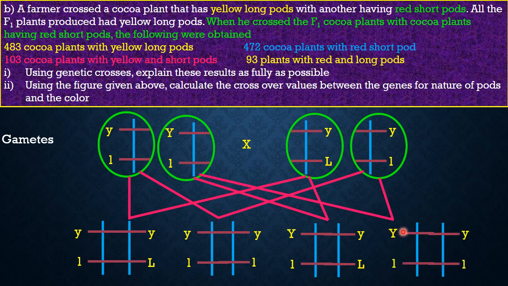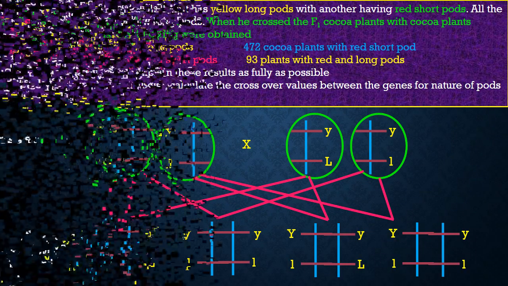We are going to have capital Y, small y, small l. How do we call these? We now call these the F2 genotypes. Now let's go to the next slide to see what happens. So these are our crosses. You simply have to interpret the results. Let's go to the next slide.